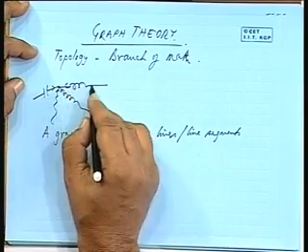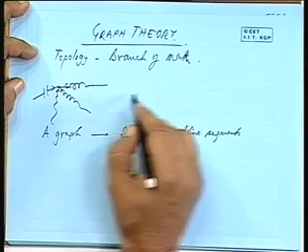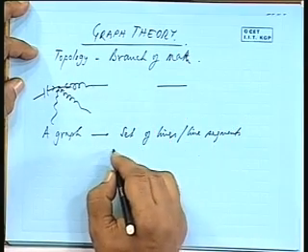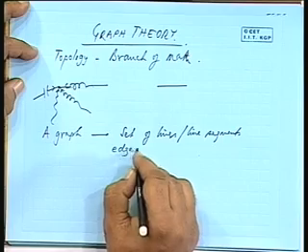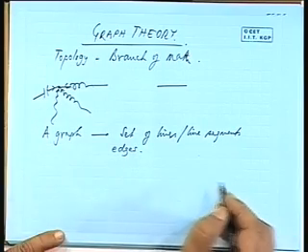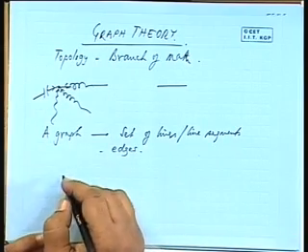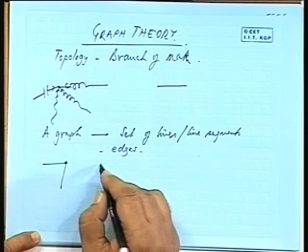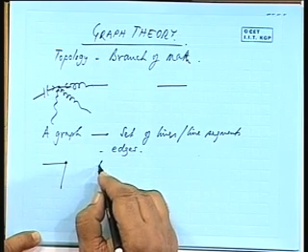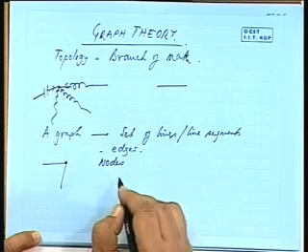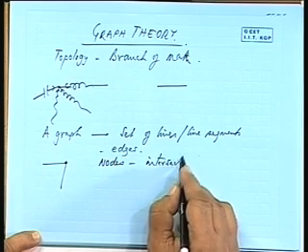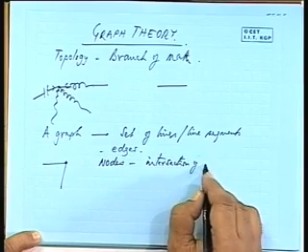So, each element in a network will be represented by a line or an element. Okay, these are called edges. Then intersection of edges will be known as nodes or vertices. Intersection of edges.